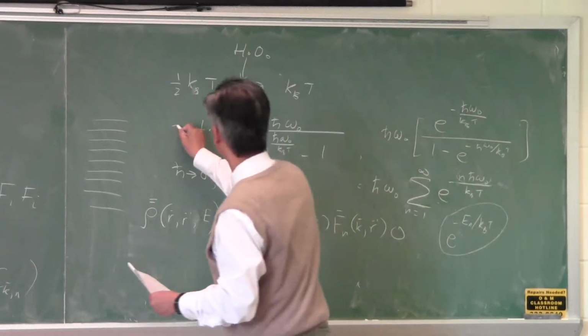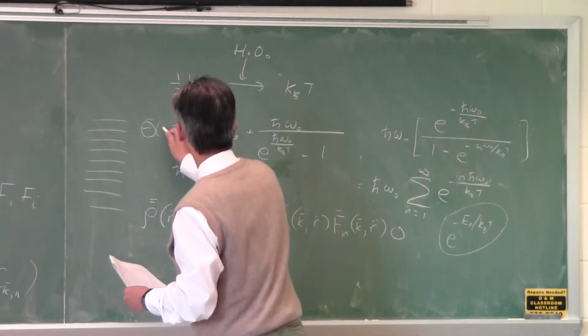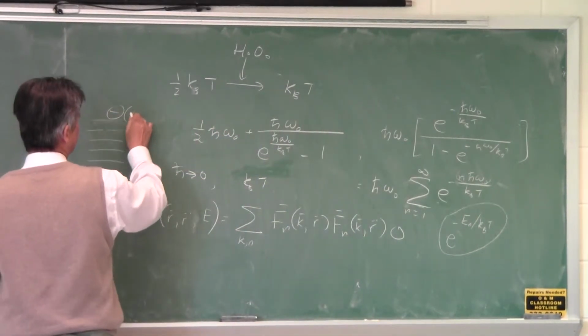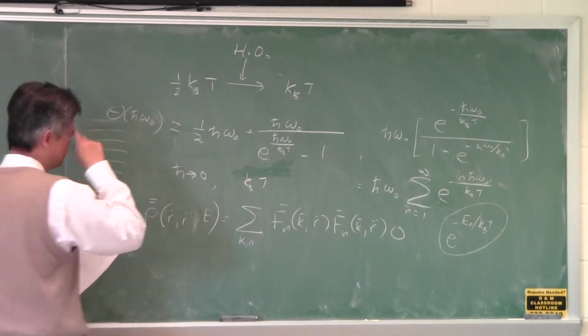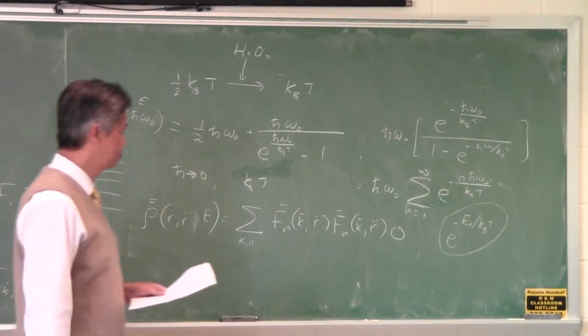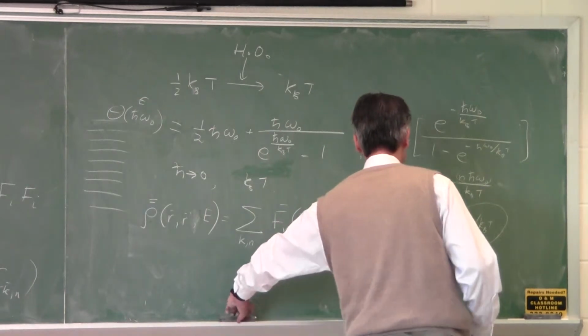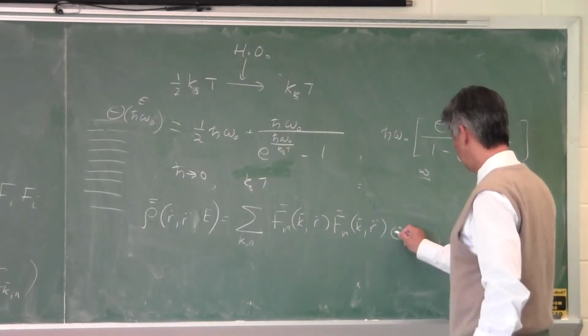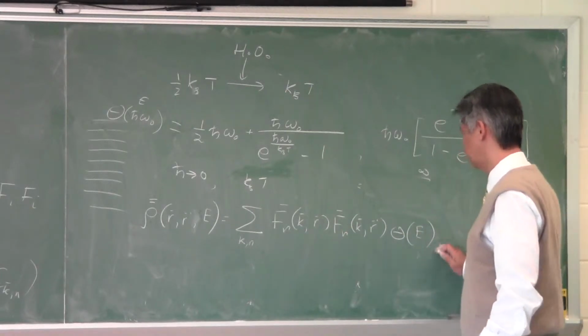Let me call this function theta, theta of h bar omega naught. And I can call this E, because that is the E of each photon, and this is the E that we use in this thing. Anyway, if you do that, then this can be written as this.